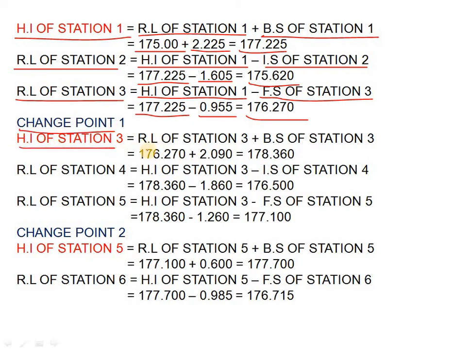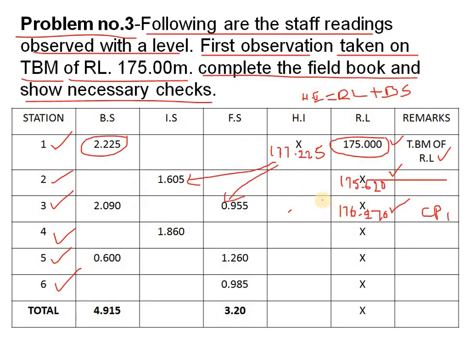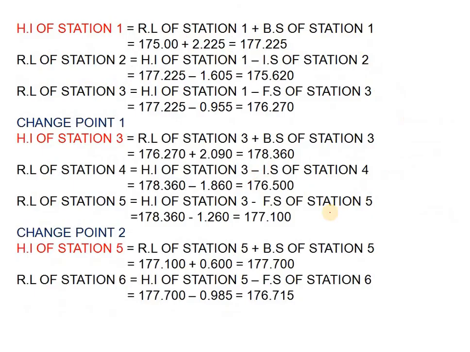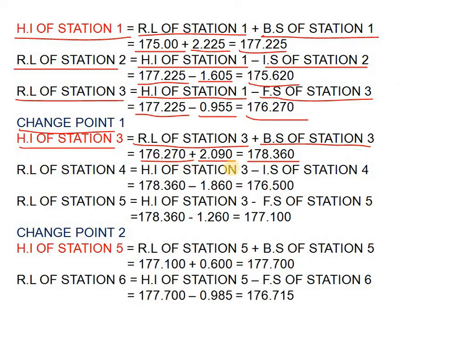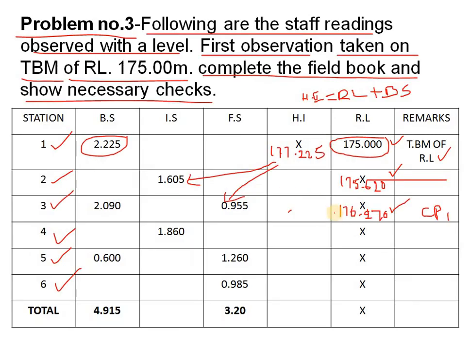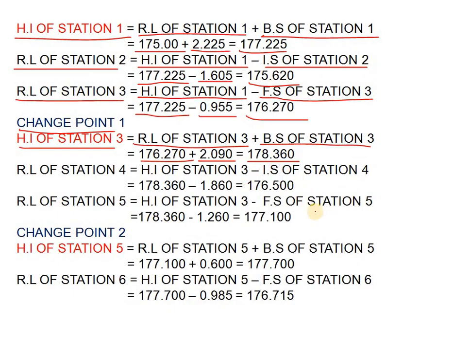So height of instrument of station 3 is equal to RL of station 3 plus backsight of station 3, that is 176.270 plus 2.09. To get the HI we take RL plus BS. So we will get the answer as 178.360.